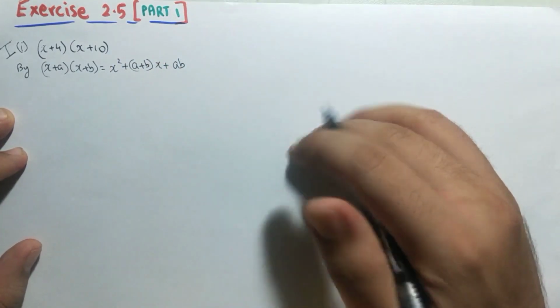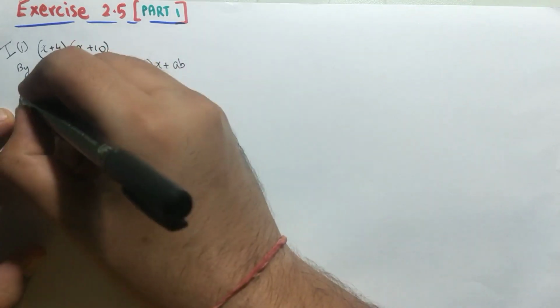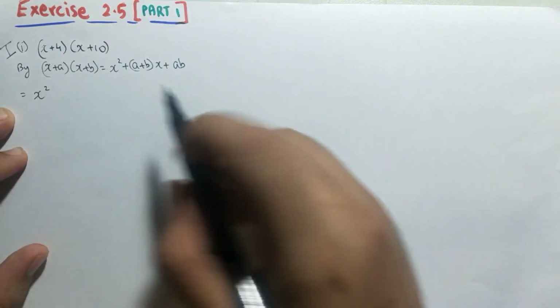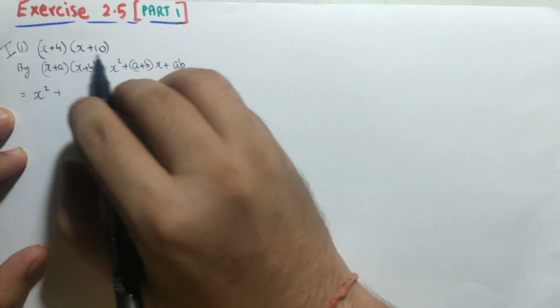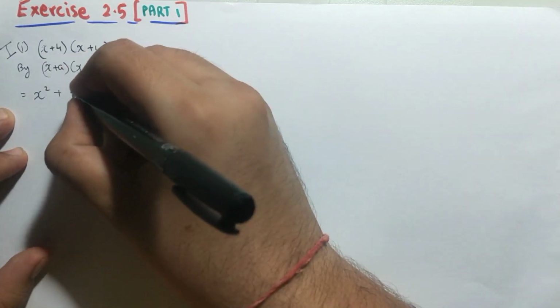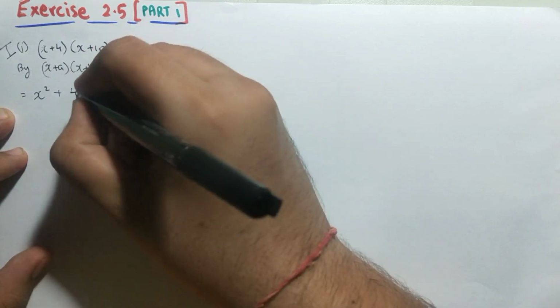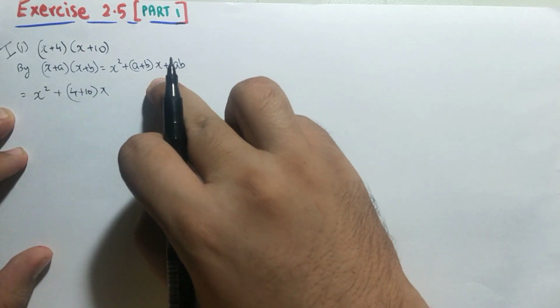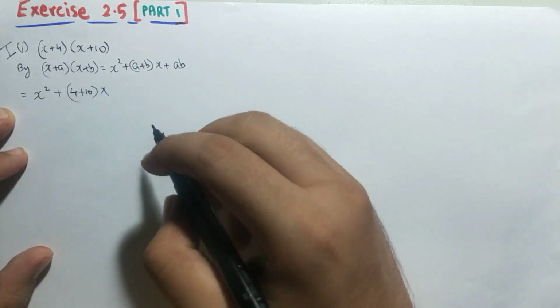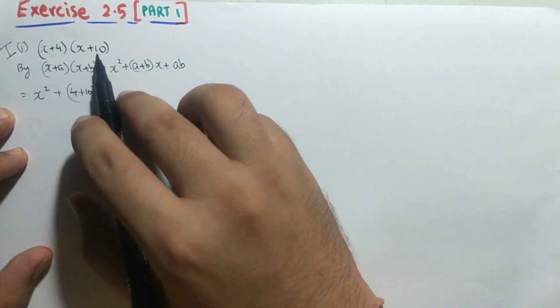This was the identity, meaning the square of the first term. So this will become x square because the first term of both the brackets was x, plus add the second terms of both the brackets, that is a plus b. So 4 plus 10 multiplied by the first term, that is x. Here also the first term was x. A and b are the second terms of both the brackets.